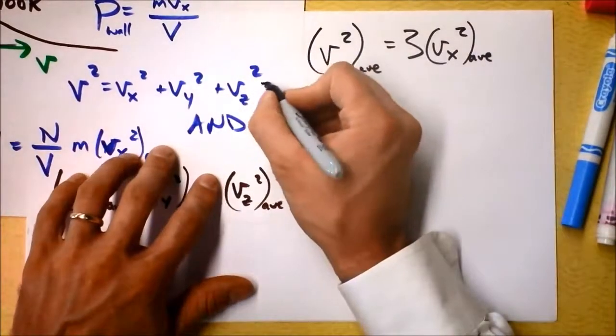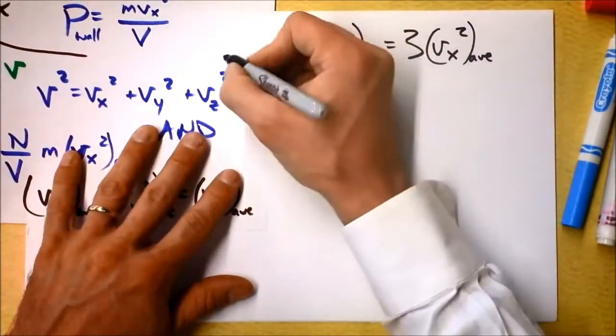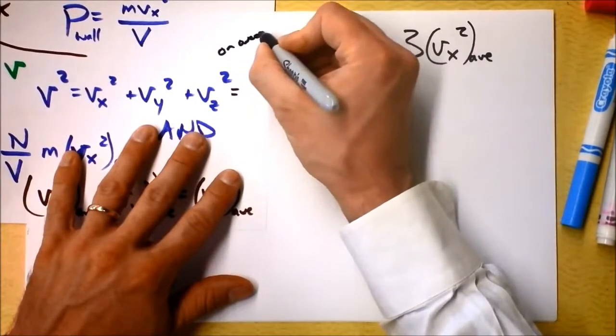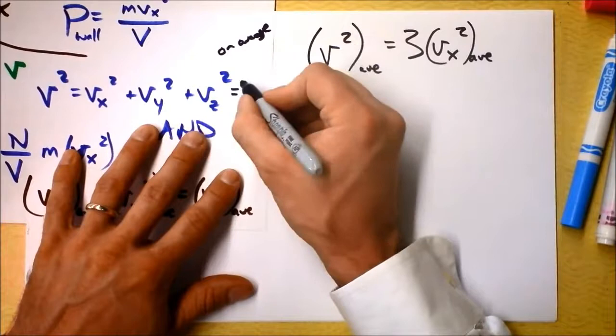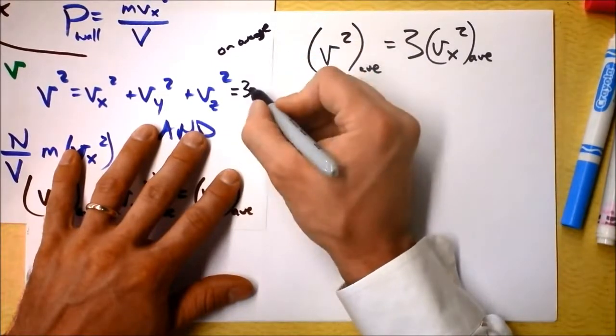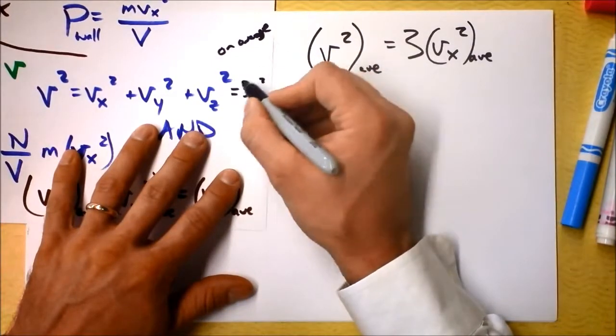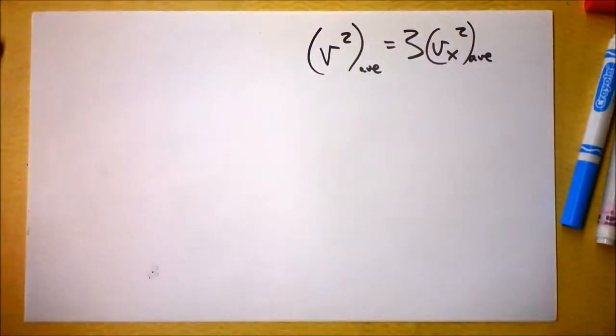On average, it is very important that I'm taking that average. On average, I've got 3 times Vx square. All right, so that's what I'm going to say as I continue to move on here.